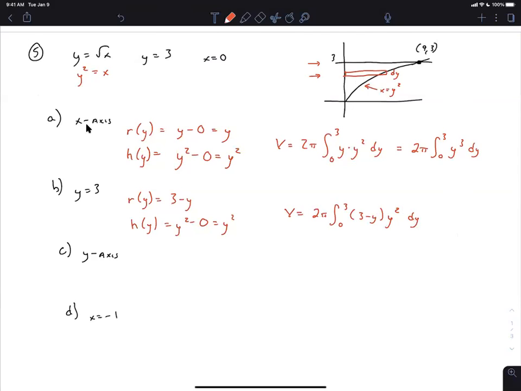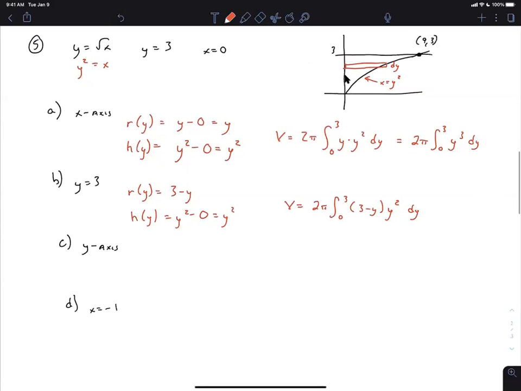Okay. Now the y-axis, it's now the washer method because it's perpendicular. So we're gonna get a large R and a small r. We got big R of y and small r of y. So big R of y is the distance from the farther end of the rectangle to the y-axis.